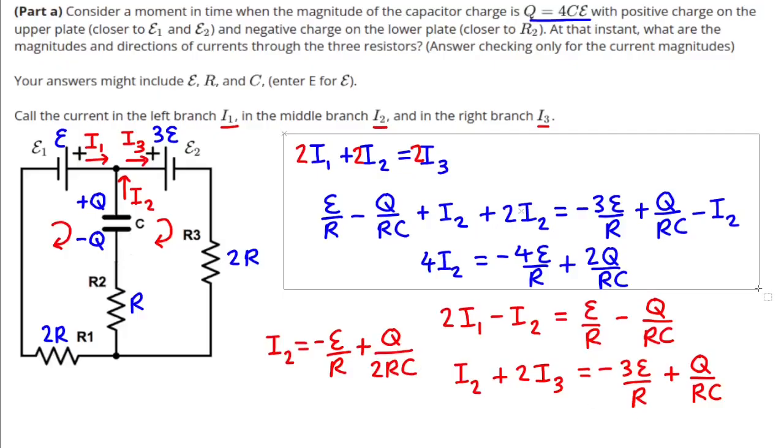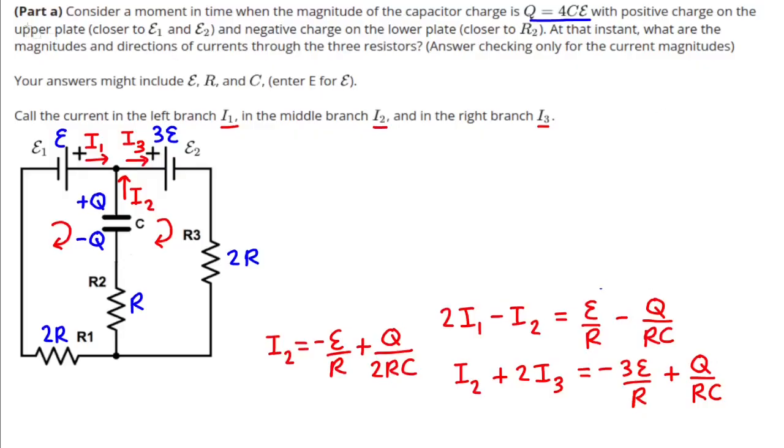And now let's get rid of this. So when the charge is 4C epsilon, we get I2 is minus epsilon over R plus 4C epsilon over 2RC. And the C's cancel. And 4 over 2 is 2.